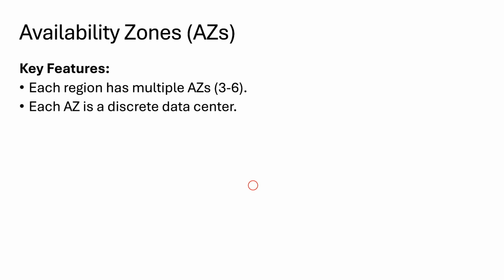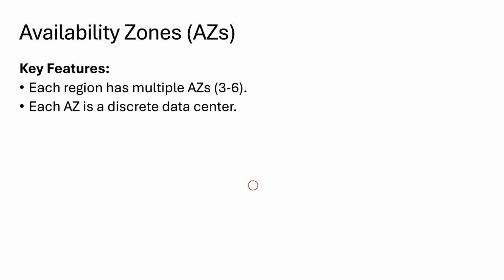If one availability zone goes down because of any disaster, maybe an earthquake or technical issues, the other two availability zones are able to serve your application so that your users won't feel the downtime. That means your application is highly available. This feature makes AWS applications highly available because of the availability zone concept.